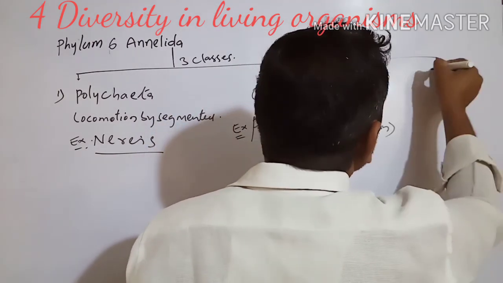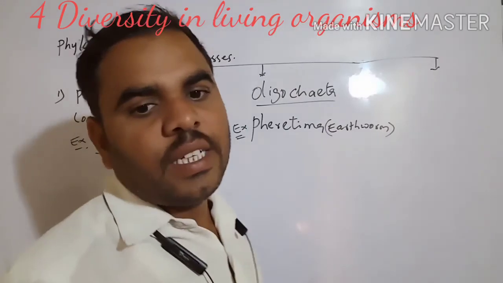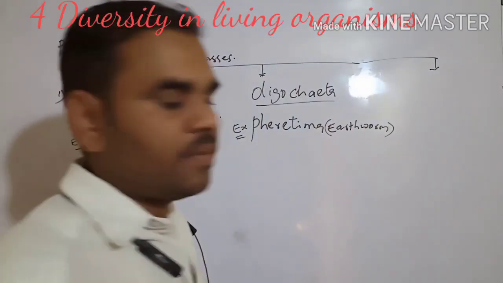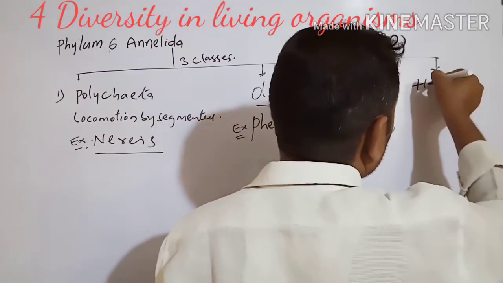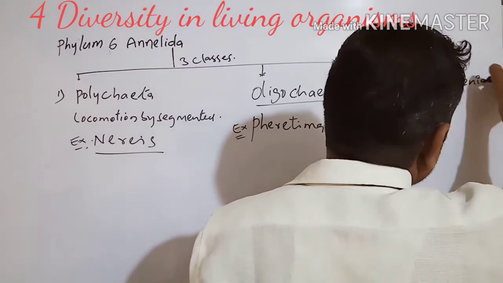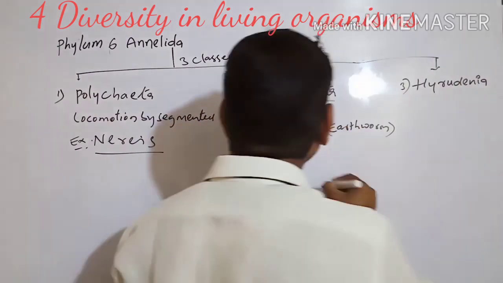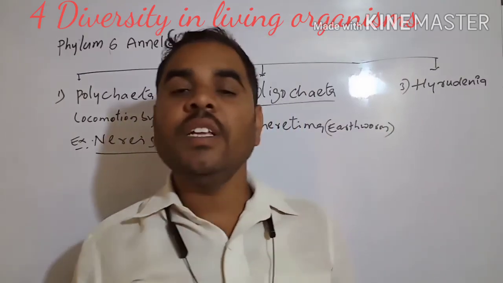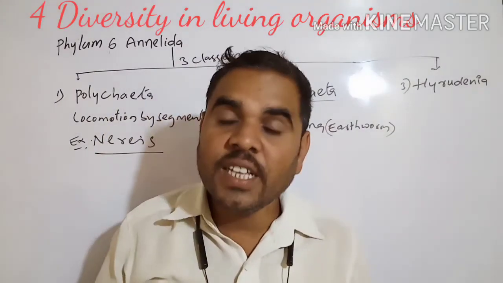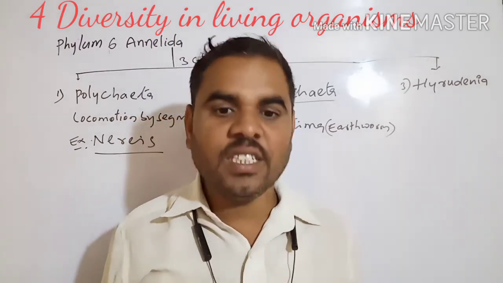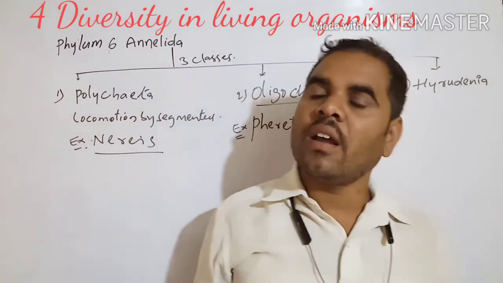Next, the third one is Hirudinea. The body has anterior and posterior suckers. Parapodia and setae are absent.